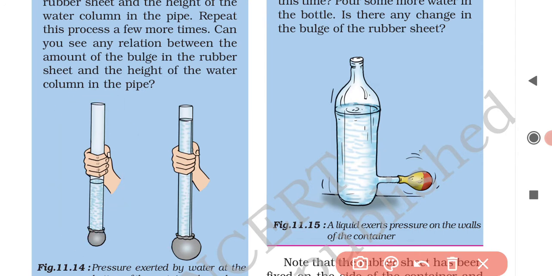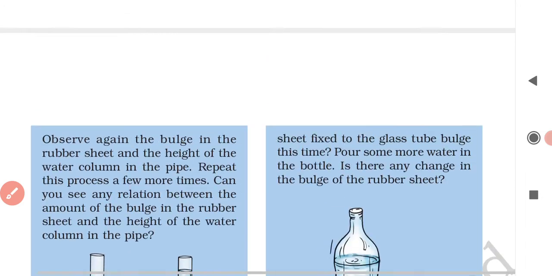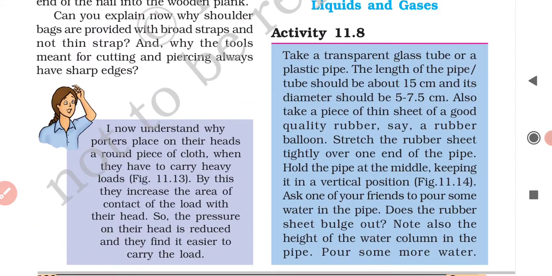The length of the pipe or tube should be about 15 centimeter and its diameter should be 5 to 7.5 centimeter. Clear?